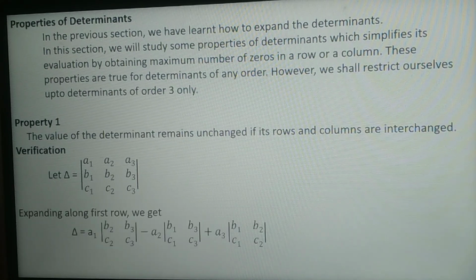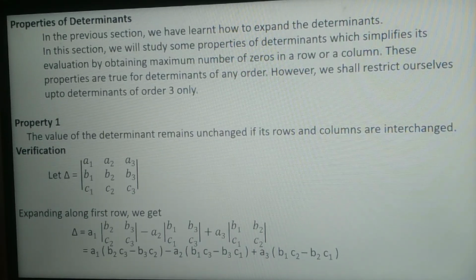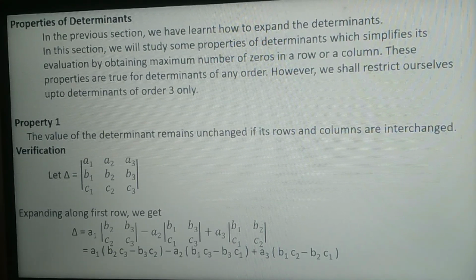Expanding along first row, we get delta is equal to A1 into determinant B2, B3, C2, C3 minus A2 into determinant B1, B3, C1, C3 plus A3 into determinant B1, B2, C1, C2, which is equal to A1 into B2, C3 minus B3, C2 minus A2 into B1, C3 minus B3, C1 plus A3 into B1, C2 minus B2, C1. So we get the determinant.